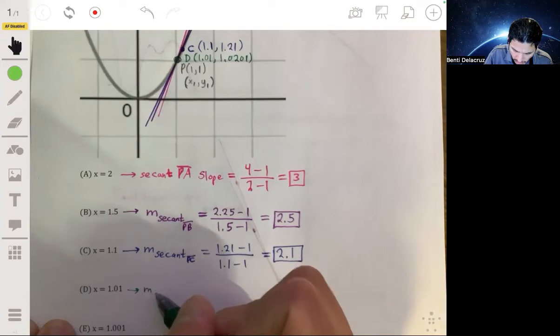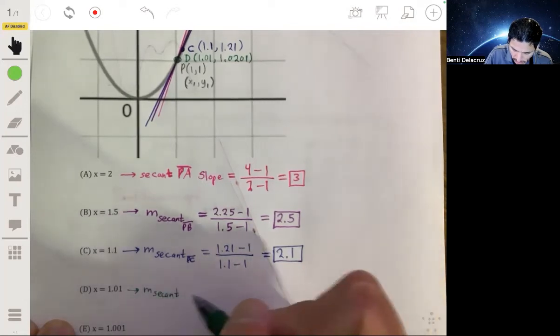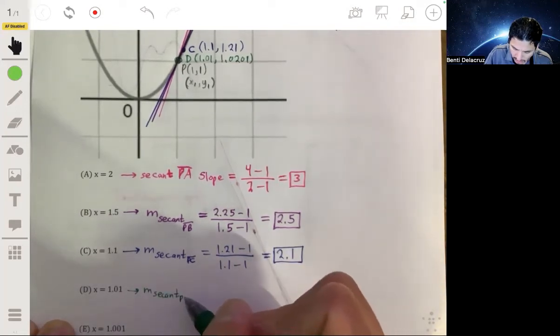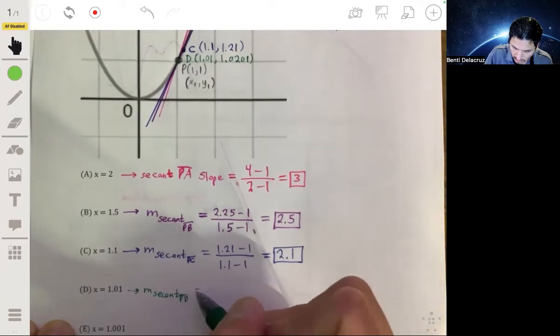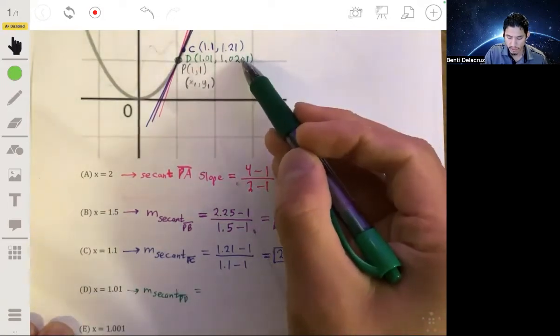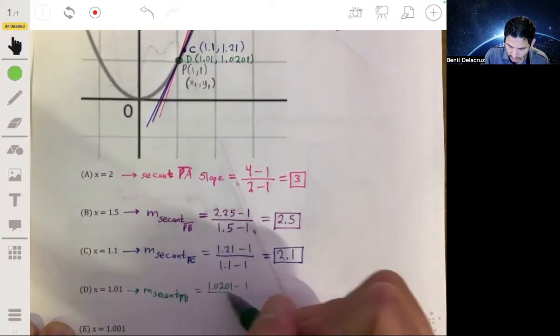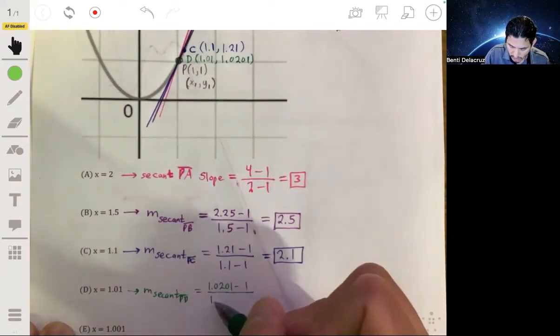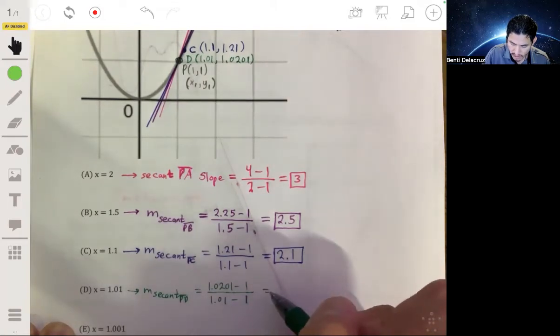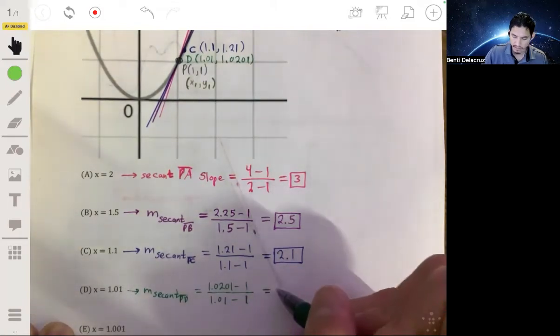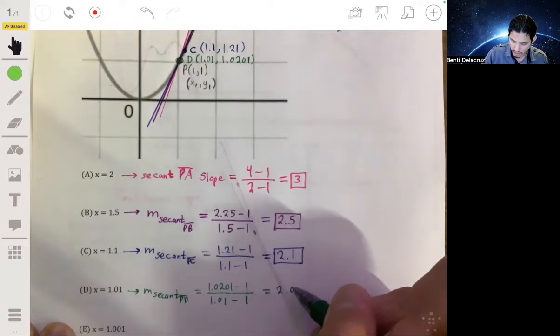And so then the slope of PD will be the 1.0201 minus the 1 again, over the 1.01 minus 1, and that will simplify to 2.01.